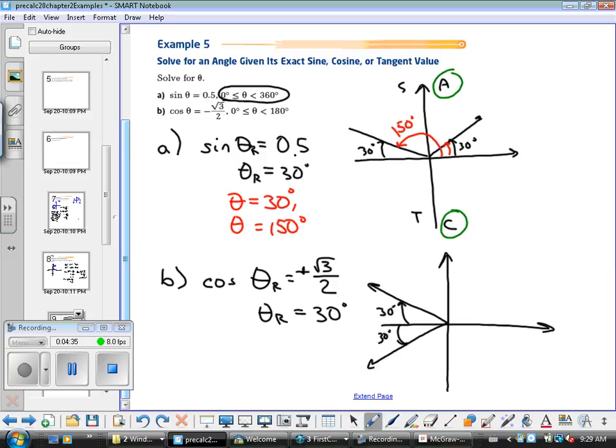Now we're going to determine what our actual standard position angles are. Because it's in second quadrant, you can go 180 minus the reference angle. You might just look at that and say, that's a 150-degree angle. And then this other one here is going to be 180 plus the reference angle, so you're going to have a 210-degree angle.